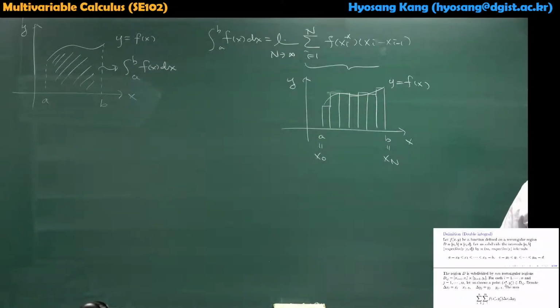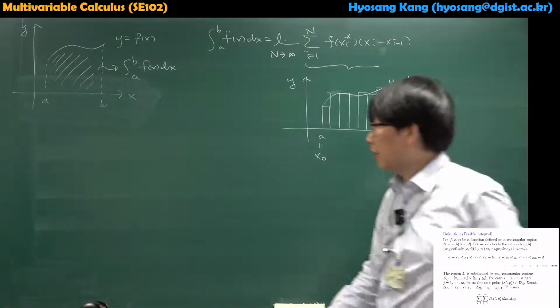The double integral of a two-variable function, for example f of x y, defined on the rectangular region D, where x runs from a to b and y ranges from c to d, is defined as follows. We subdivide the intervals a to b and c to d into n subintervals and m subintervals respectively.